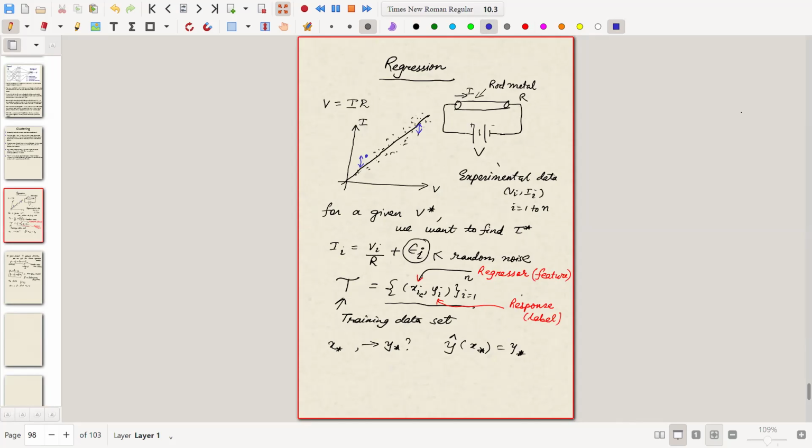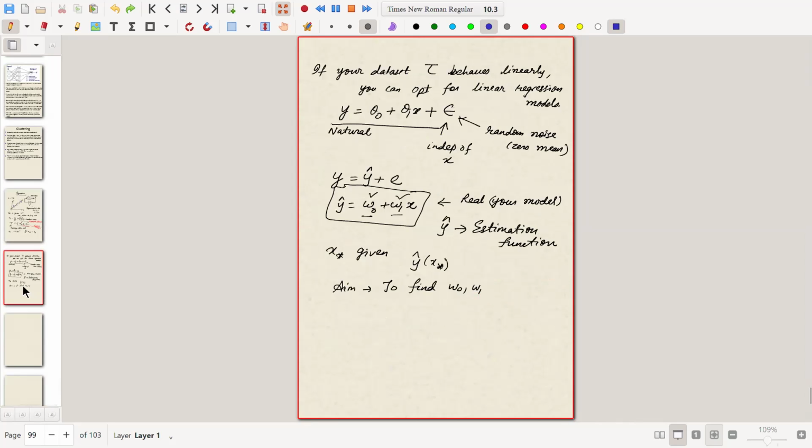That is the error. This is another regression line, and this is another. We found that the black one fits the data best, that means it is the curve which gives the minimum error. Understood?